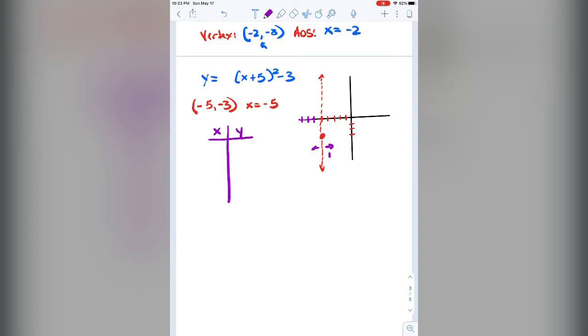So what if my x was at negative 4 or negative 6? Because moving out in one direction puts my x at negative 4 or negative 6.